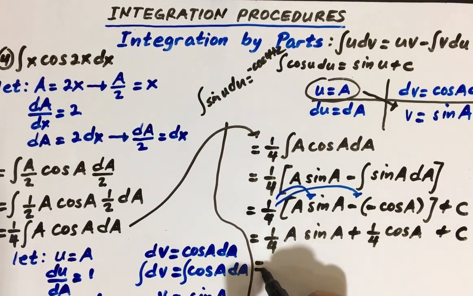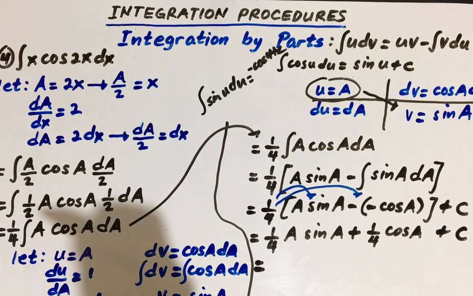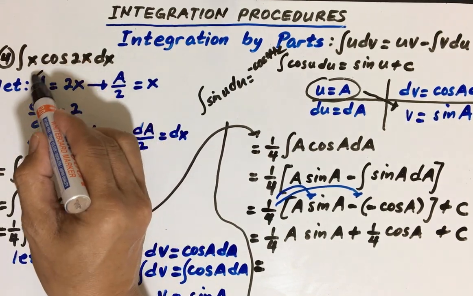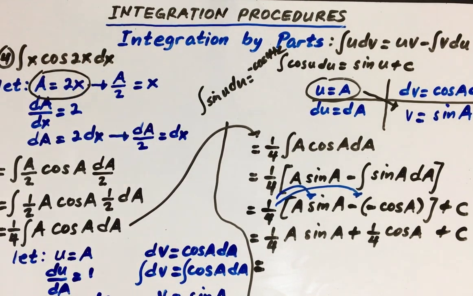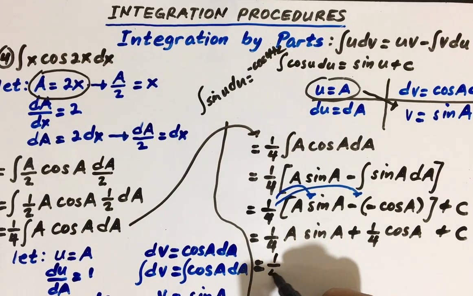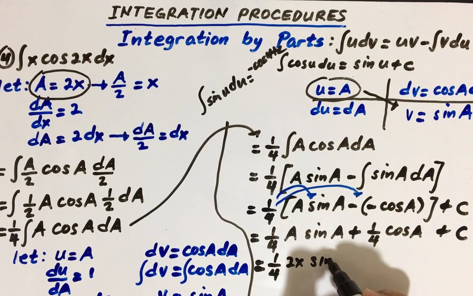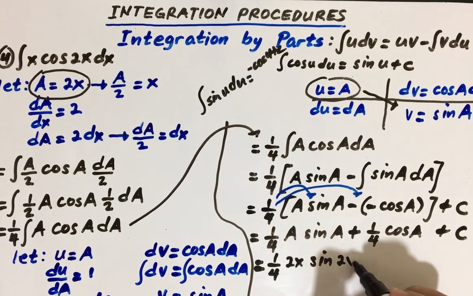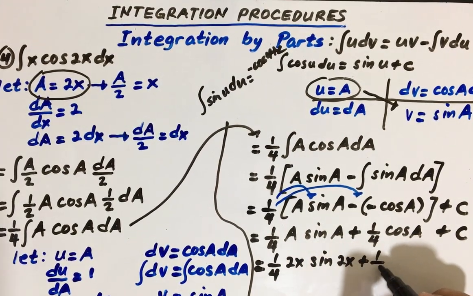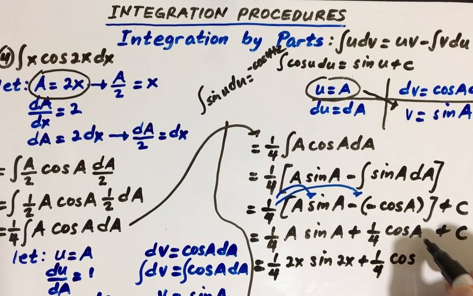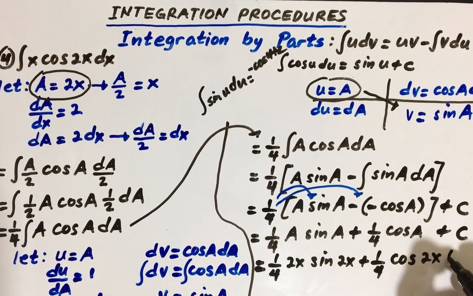Then substituting the value of a, where our a is equal to 2x. So we have 1/4 times a, which is 2x, then sine a, our a is 2x, then plus 1/4 cosine a, with a being 2x, then plus c.